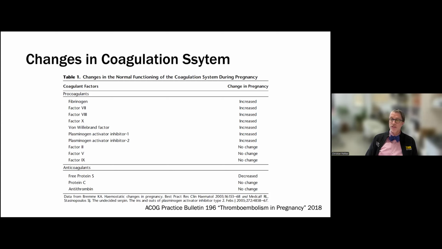Protein S is one of those things that we don't send in pregnancy. You have to verify that once they're not pregnant, 12 weeks afterwards. So this chart's always very helpful. This comes from the ACOG practice bulletin.